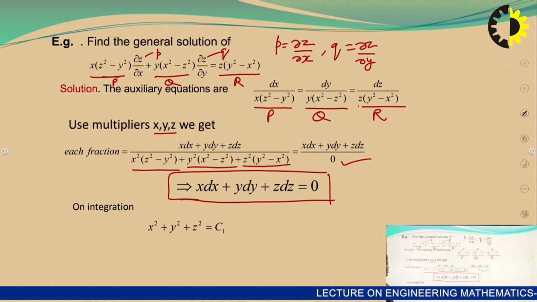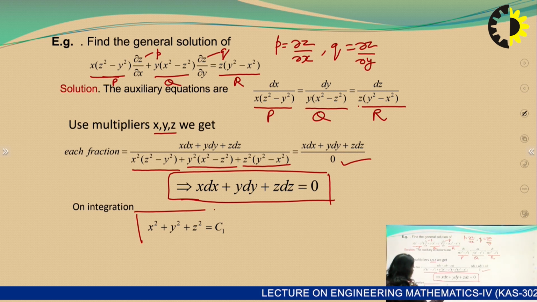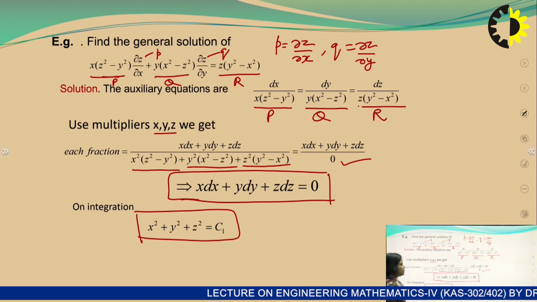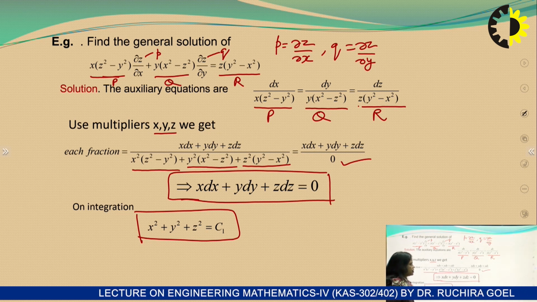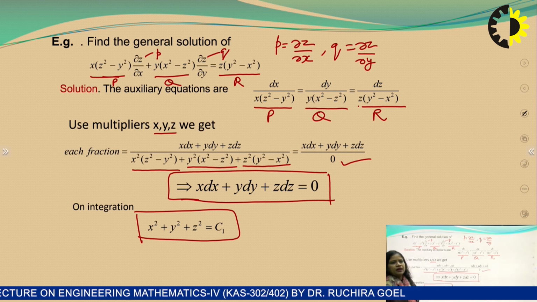On integration, I get x square plus y square plus z square equal to constant. This is my first solution after taking x, y, z as multipliers.